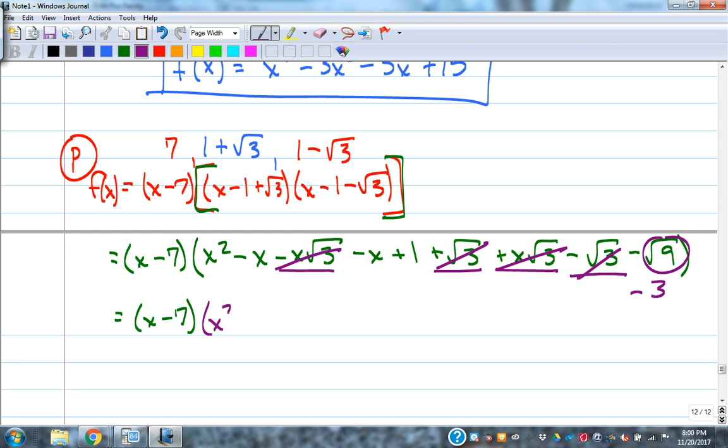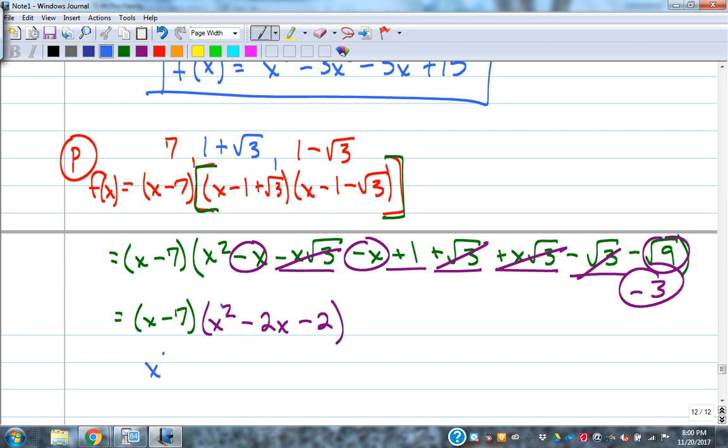So I've got x squared. I got a negative x, it's a negative 2x. I got a positive 1 and a negative 3. So that's negative 2. All of that ugly stuff simplified down to that nice little trinomial. And then I just distribute again.